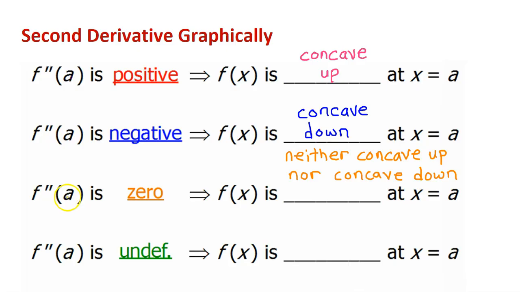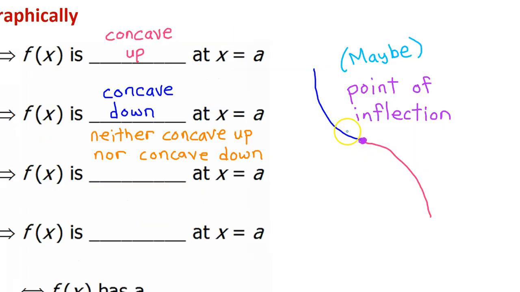If f double prime at a is 0, all we know about f is that it is neither concave up nor concave down. That might mean that f has a point of inflection at x equals a, where f changes concavity, but not necessarily.